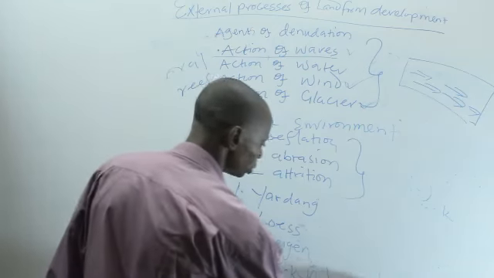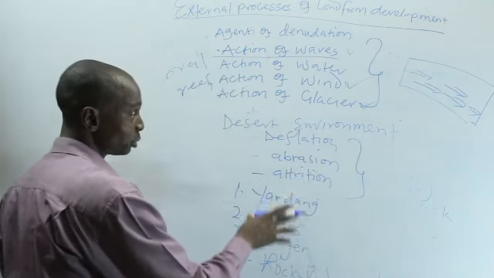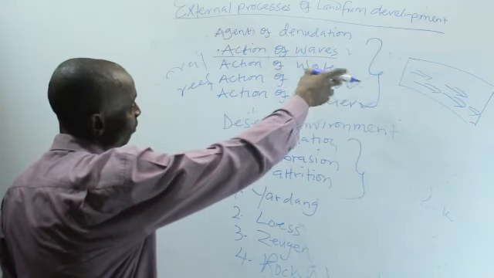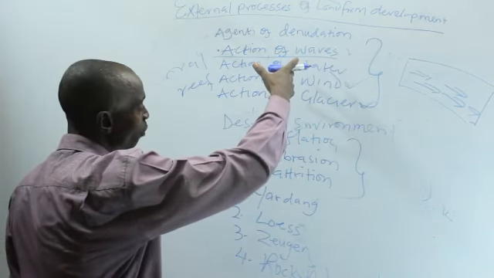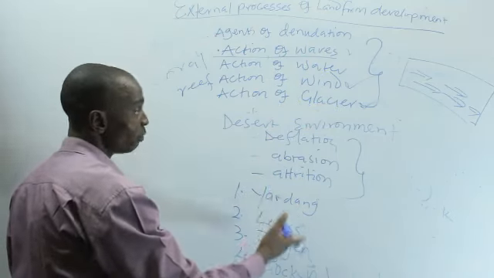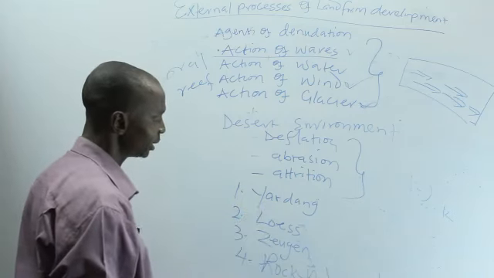And so on and so forth. So these are the features that, if you get to a desert-like environment where the action of wind is prevalent, you are going to find this type of landform development.